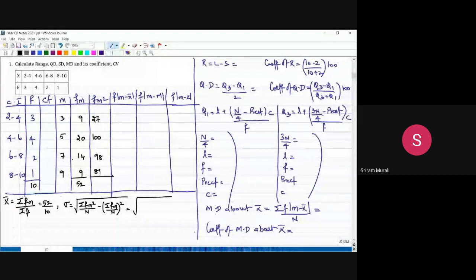If I add everything, how much do you get? 306. So this is 306 divided by n, 10, minus 52 by 10 the whole square. If you simplify, you will get 1.88.